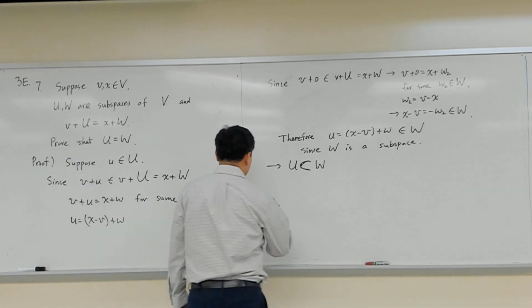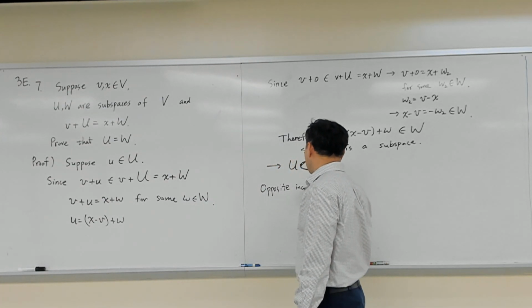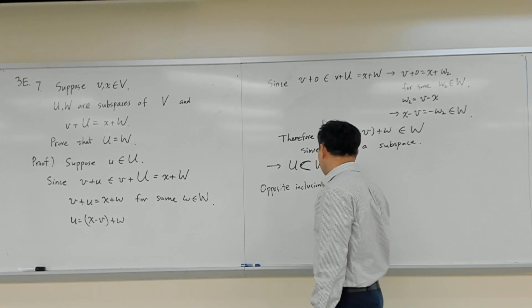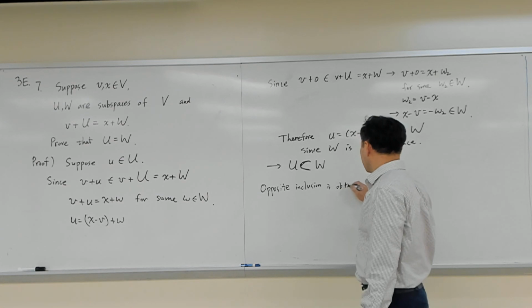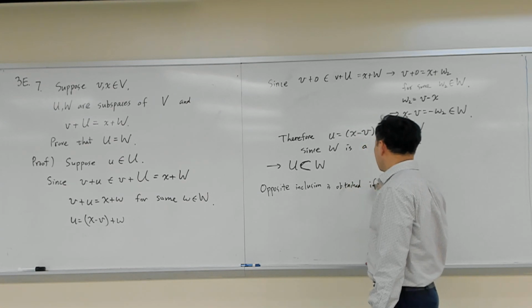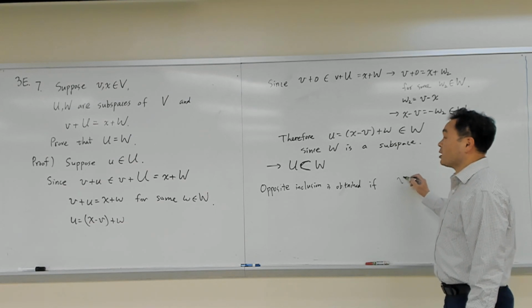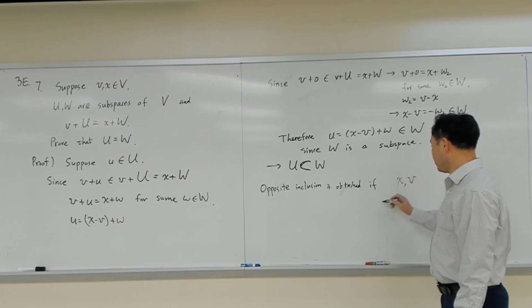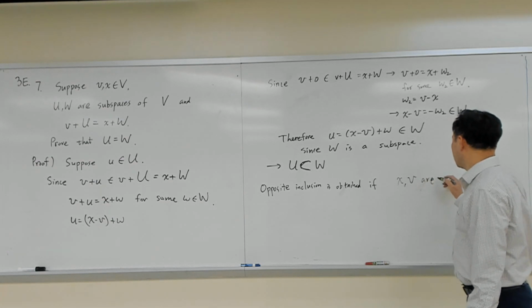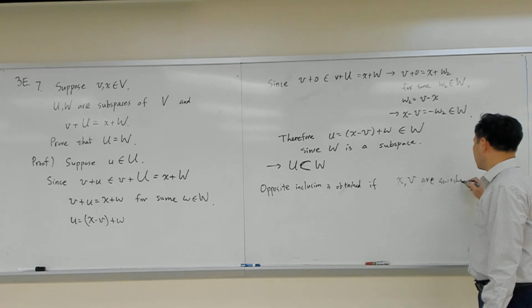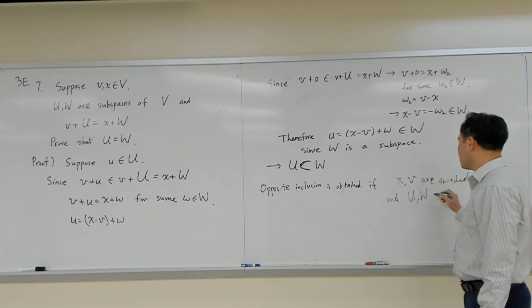So the opposite inclusion is obtained if x, v are switched and U, W are switched.